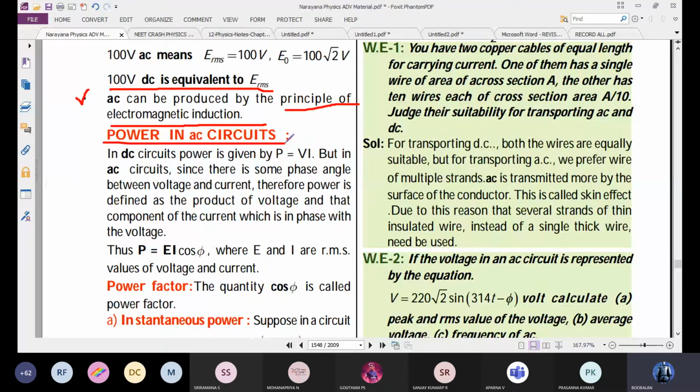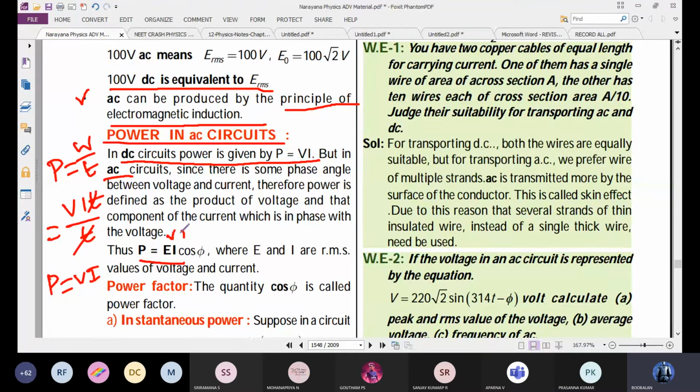Here the work is considered as heat, that is VIt divided by t. So the t cancels, and you get power equal to VI. Okay, this is for the DC circuit. But in AC, the power equals VI cos phi.